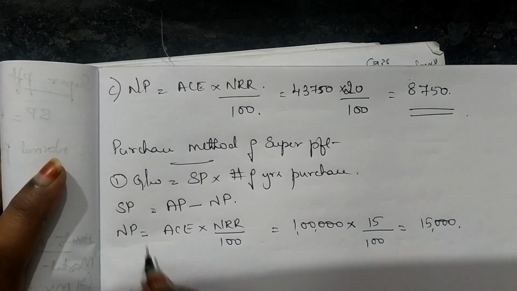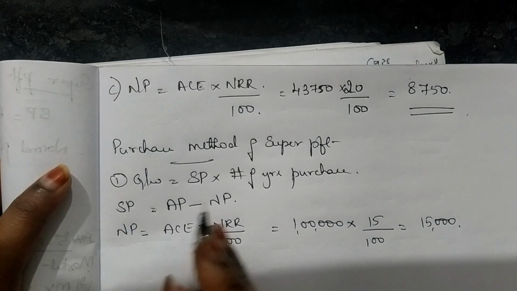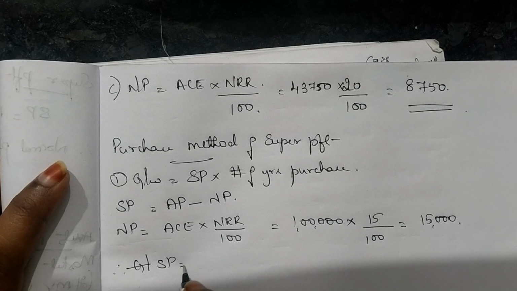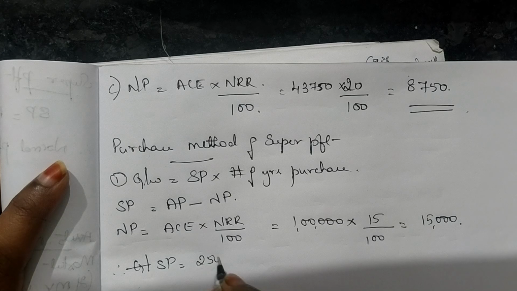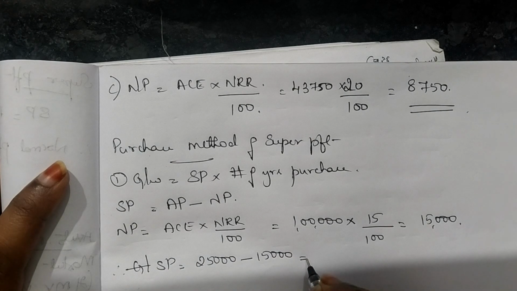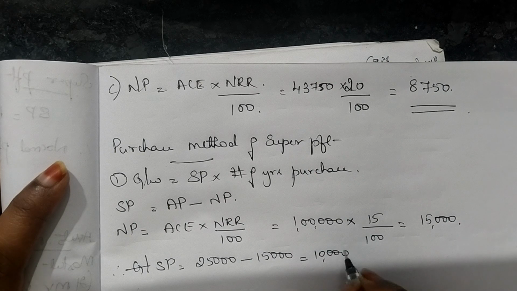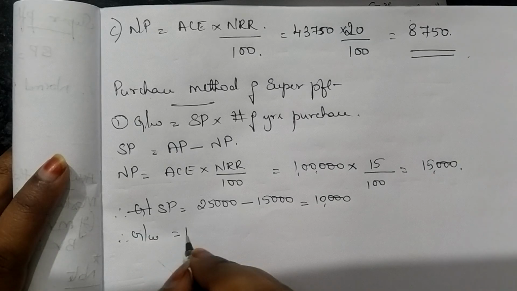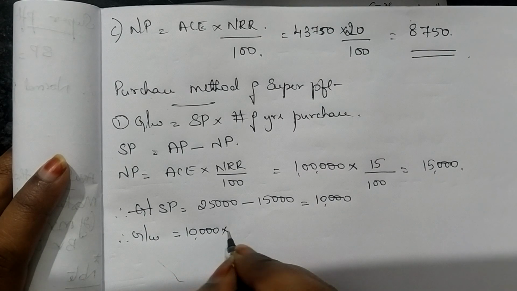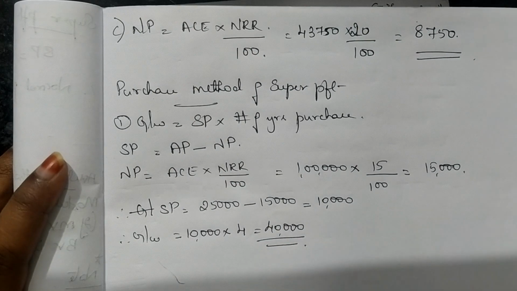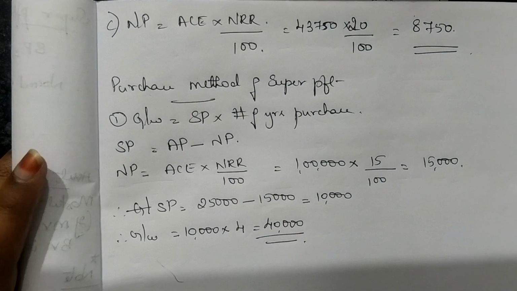That is my normal profit. Average profit directly they have given you. So therefore your super profit will be average profit 25,000 minus normal profit 15,000. So my super profit is 10,000. Therefore your goodwill will be 10,000 into 4 years purchase. So goodwill is 40,000 under purchase method of super profit.